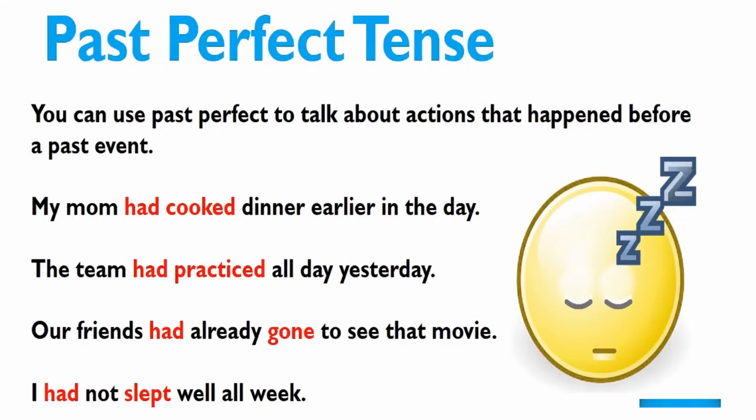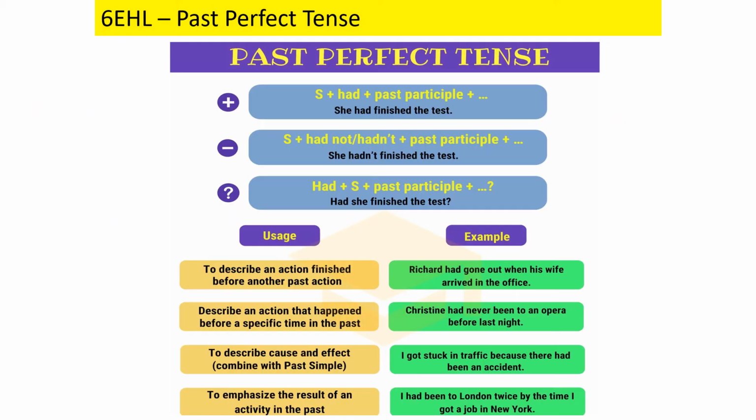Okay. Here's a few more examples. Mom had cooked dinner, and you'll notice now the auxiliary verb that goes with our past perfect tense here is had, and that makes it nice and easy. It's actually the easiest of the three perfect tenses. Here we go. So she had finished the test, right?